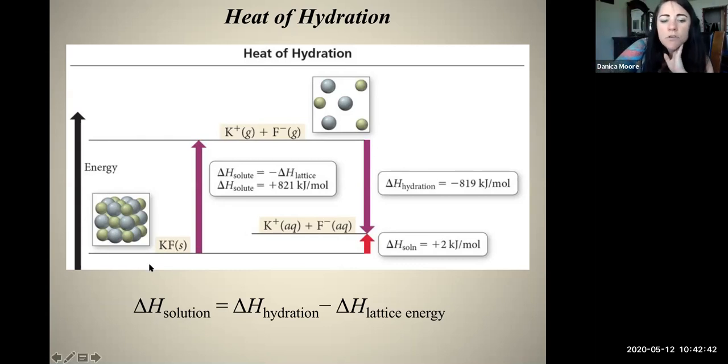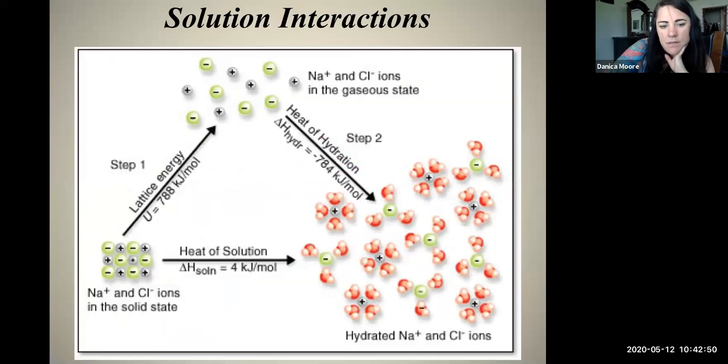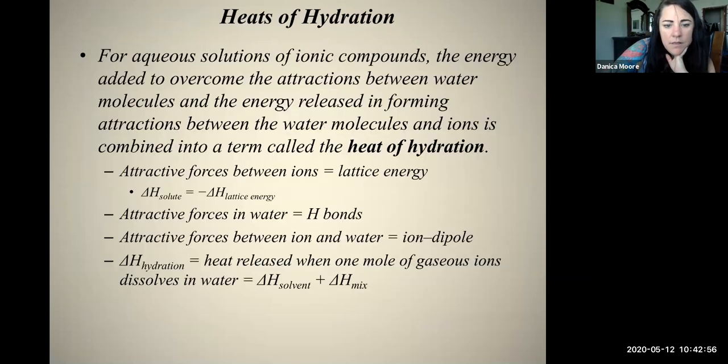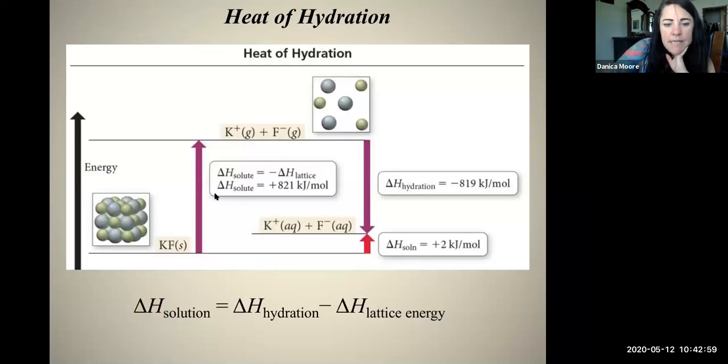So looking at our sodium chloride, we saw that the lattice energy here was 788 joules per mole. Getting into potassium fluoride, it's 821. So it's just slightly bigger. Why would that be?